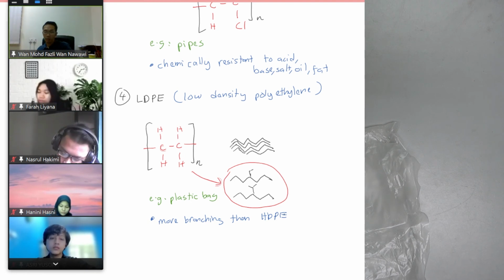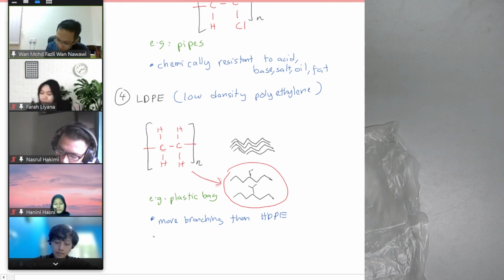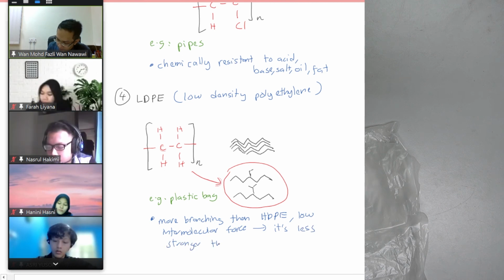Because it is branched, the force between each chain is weaker, so it can break easily. Because it has more branching than HDPE, it has low intermolecular force, meaning it is less strong.